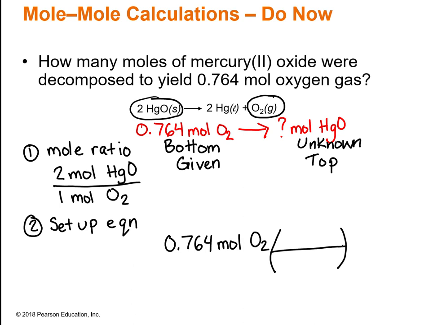We're going to multiply by our mole ratio, which is 2 moles of mercury 2 oxide for every 1 mole of oxygen gas. When you do that multiplication, you're going to just take 0.764 and multiply by 2, divide by 1. You should get 1.53 moles of mercury 2 oxide.